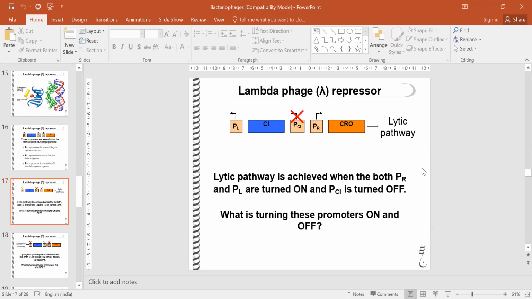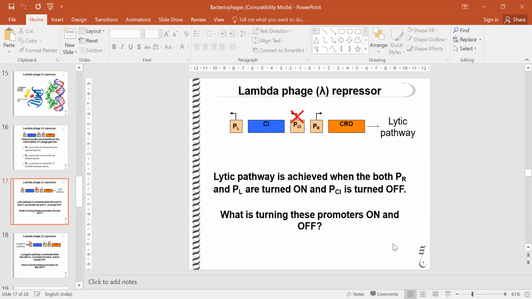For example, the lytic cycle is achieved when both promoters PR and PL are turned on, but in that case the P lambda C1 is turned off. If the P lambda C1 is turned off, the bacteriophage can follow the lytic cycle.